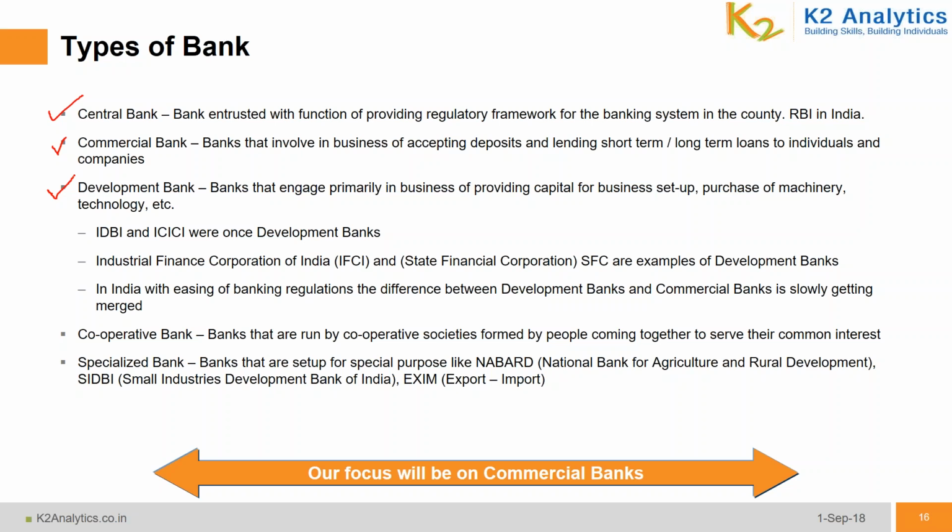full-fledged commercial banks. One of the reasons why they want to become full-fledged commercial banks is it increases the reach, it diversifies the portfolio, and by diversification you reduce the risk.